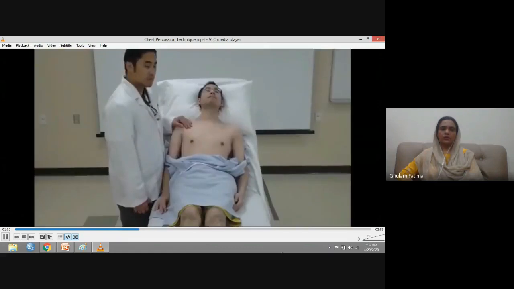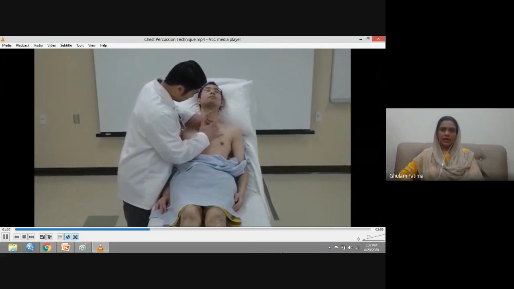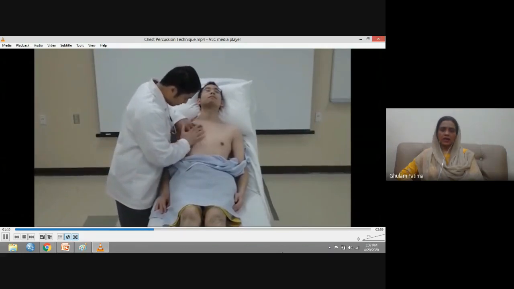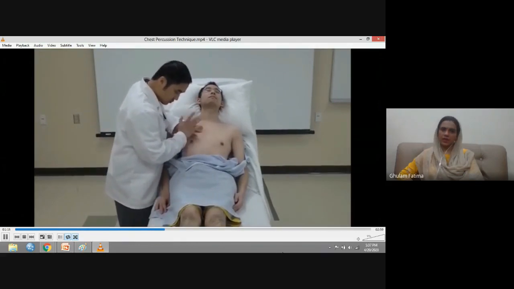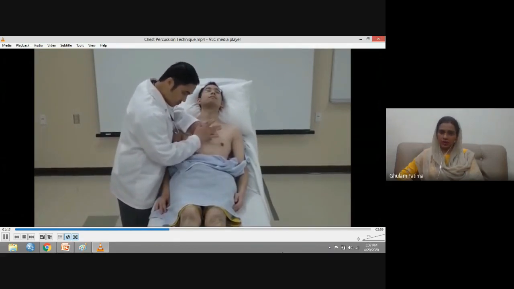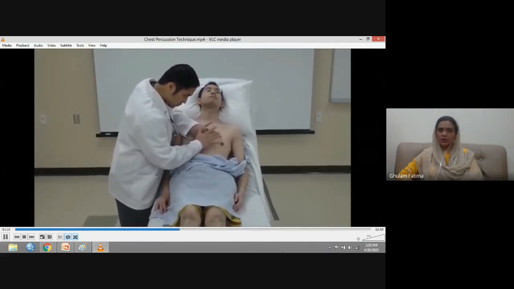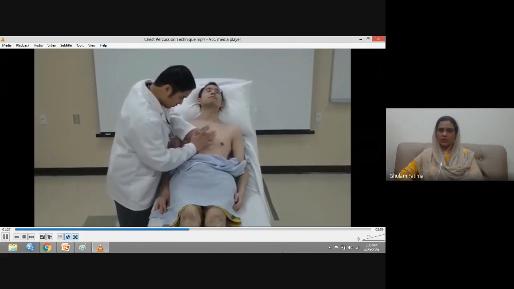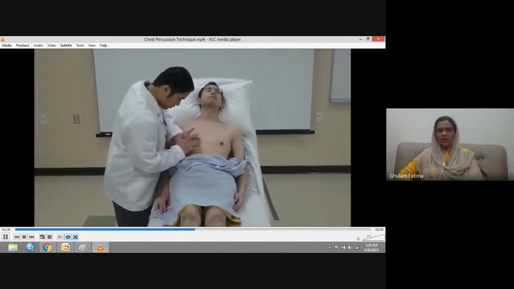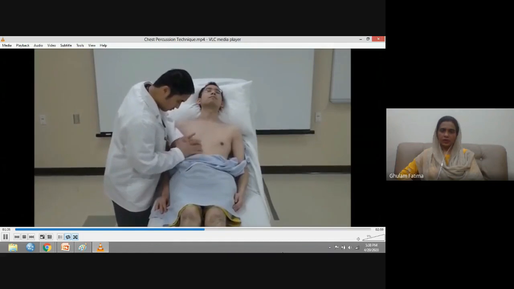Now the person is going to demonstrate the full percussion of the anterior side, moving from side to side, percussing the intercostal spaces starting from the second intercostal space, and trying to listen to the sound that is felt under your hands, and even that is heard along with this percussion. So this is the anterior chest percussion, and you will be percussing both sides and your intercostal spaces from side to side.